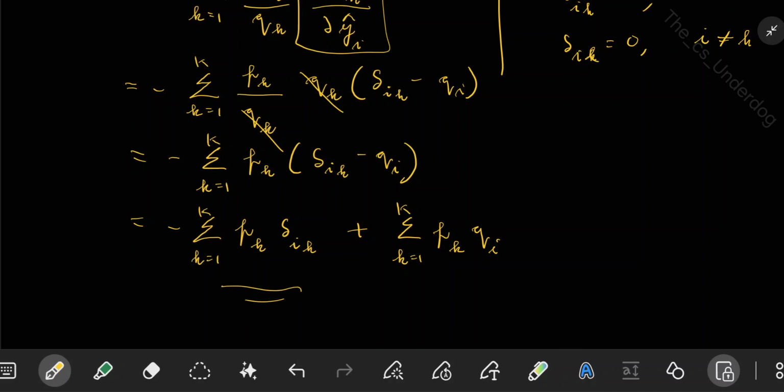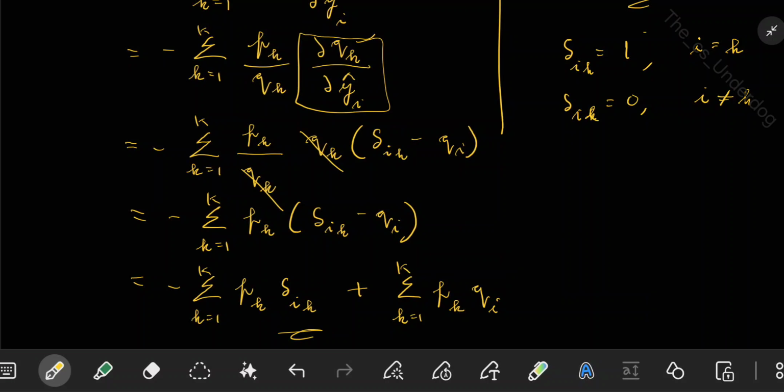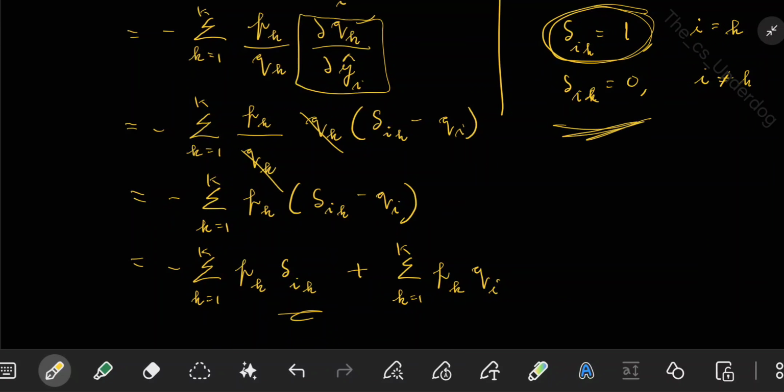Now think very carefully about this. When will del ik take the value 1? Del ik will take the value 1 only when i equals k, and it will be 0 in all other cases, which means in all the terms included in this summation, only one term will have del ik equal to 1, which is when k equals i. In all other cases, del ik will be 0, which means this whole term will get cancelled out.